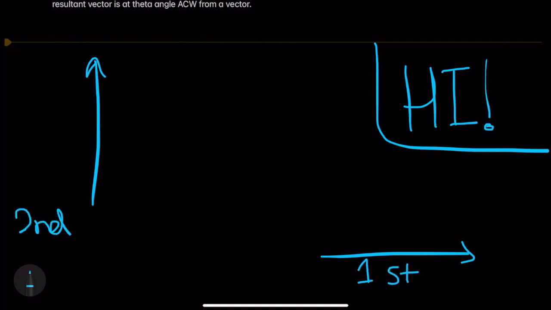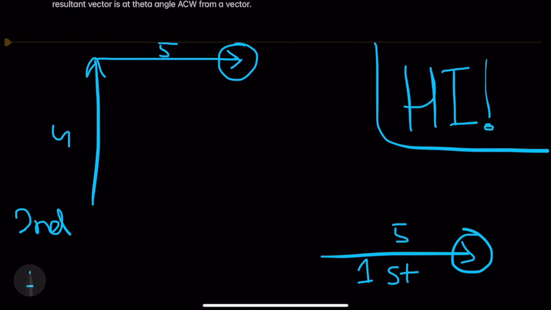You take the first vector's tail and attach it to the second vector's head, while making sure that the length, supposing it's 5, 4 over here, remains the same, and also the direction remains the same. Okay, then you draw a line that connects the tail of the second vector to the head of the first vector. It will be like this, and this will be facing here.